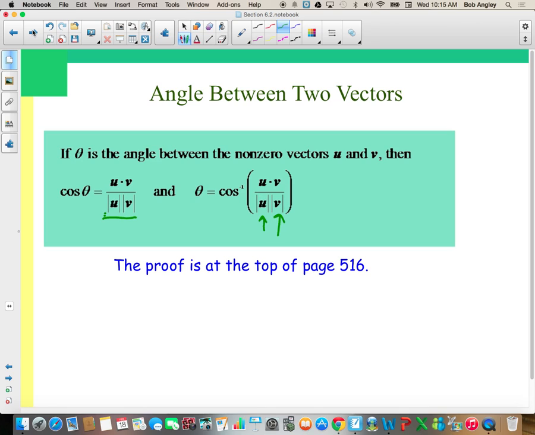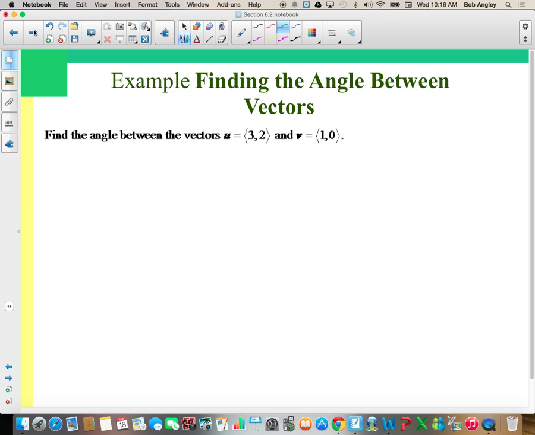But all it is, if you remember, is just the law of cosines, and then it works out to give you this thing here. Okay, now this you will need to memorize for the test. I don't know if you want to learn the part on the left or the part on the right, but we're going to practice this thing about getting the angle between two vectors a bunch.